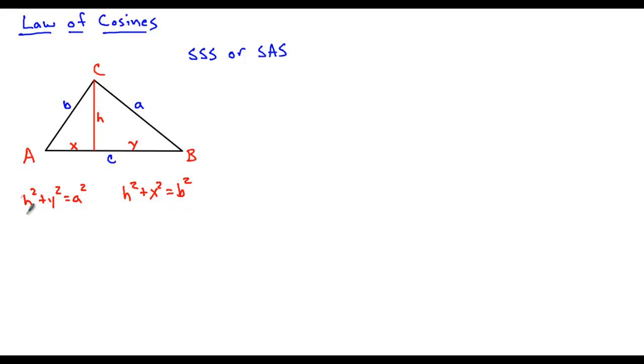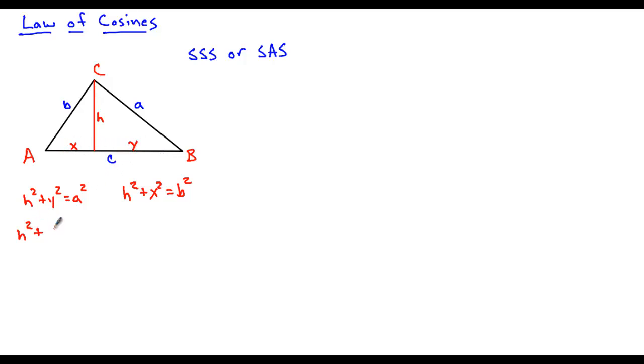Okay, and I'm going to start working with this one over here, just this one on the left side. I'm going to manipulate it a little bit. I'm going to write H squared plus, and instead of Y, I'm going to look back up at my picture. Y is equal to whatever C is minus X. So if I had C and I took away X, Y is what would be left.